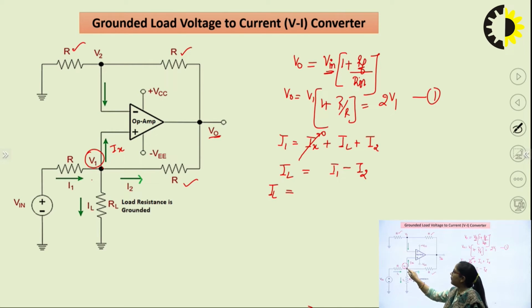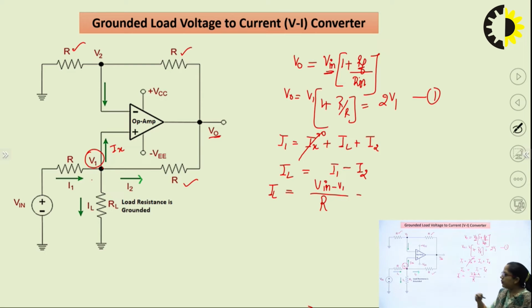V in minus V1 upon R. So instead of I1, I can write (V in minus V1) upon R, minus I2. I2 is the current flowing between V1 and V naught through this resistor R. So I can replace I2 as (V1 minus V out) divided by R.